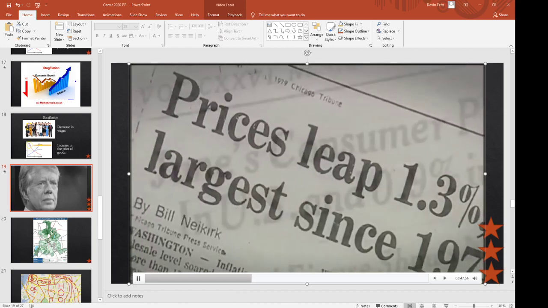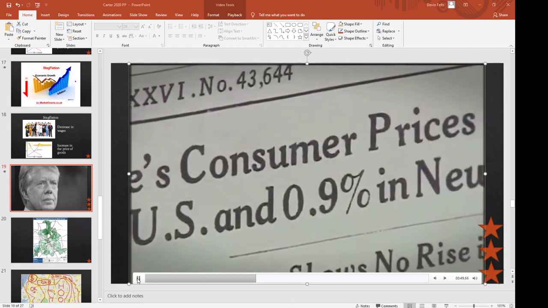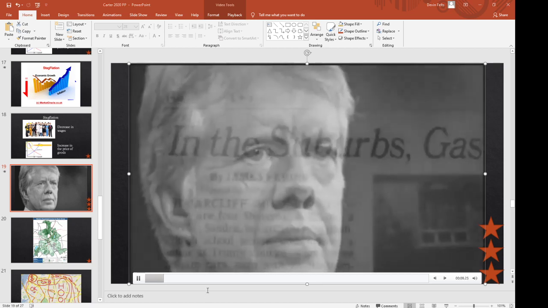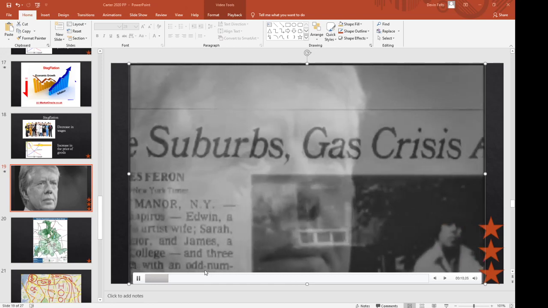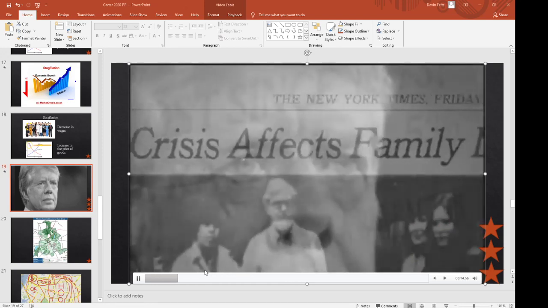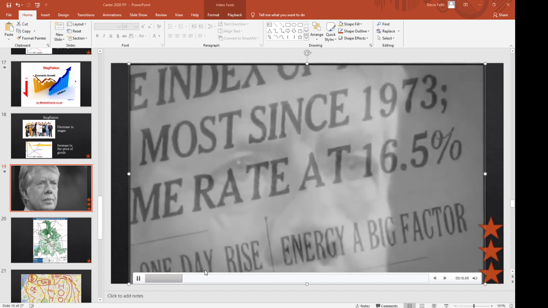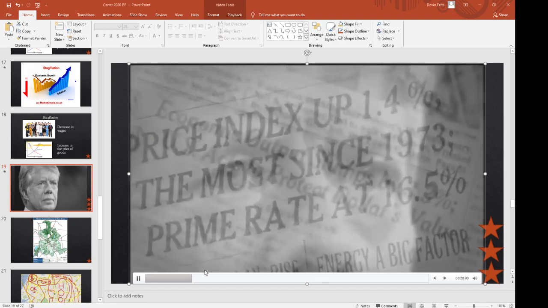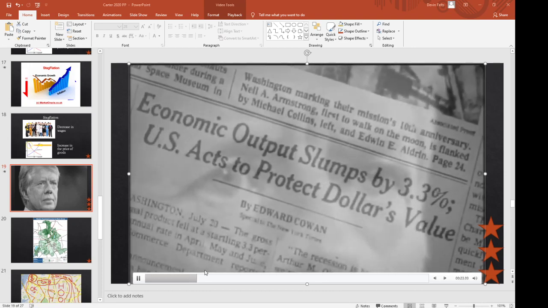In 1 year, the American economy had spun out of control. Gasoline prices had more than doubled. Mortgage rates pushed 20%. Unemployment kept on rising.